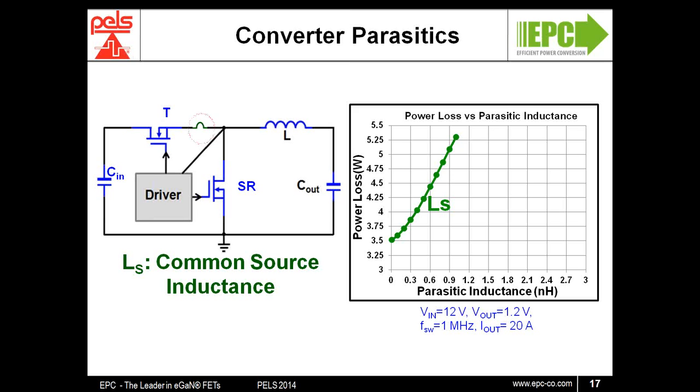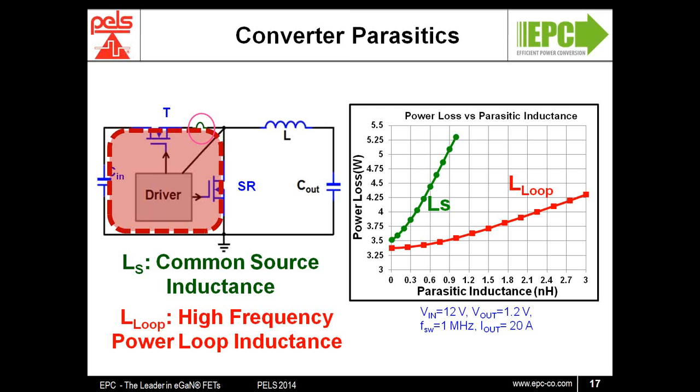However, the power loop inductance formed by the high-frequency decoupling cap and the two switching devices also has a large impact on the switching performance. It is not as detrimental as common source inductance, but it can significantly increase the switching losses even down below 1 nanohenry.